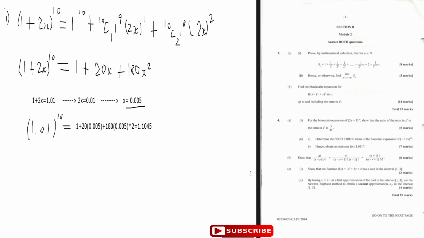Okay, now let's look at the next part of the question. The next part says, show that n factorial over n minus r factorial times r factorial, plus n factorial over n minus r plus 1 factorial times r minus 1 factorial, is equal to n plus 1 factorial over n minus r plus 1 factorial times r factorial. So let's do that proof.